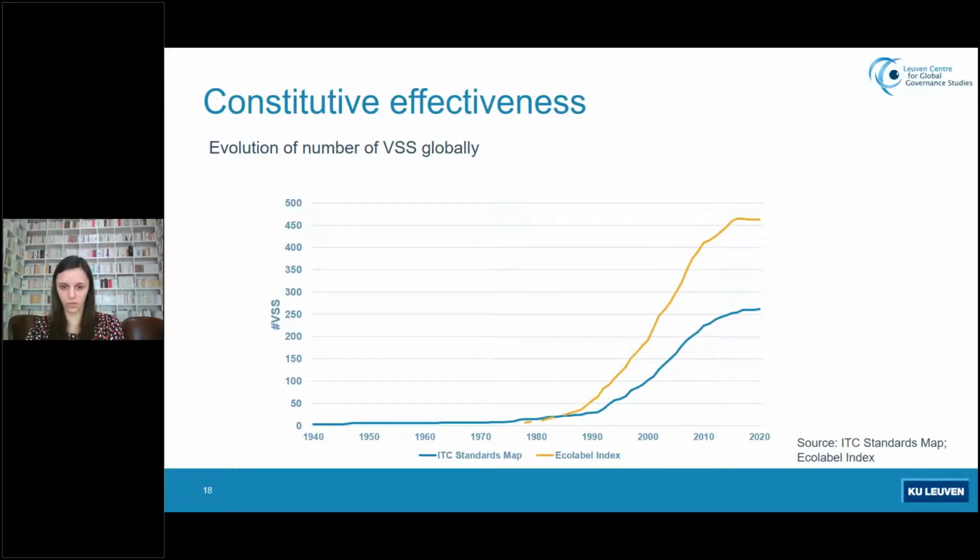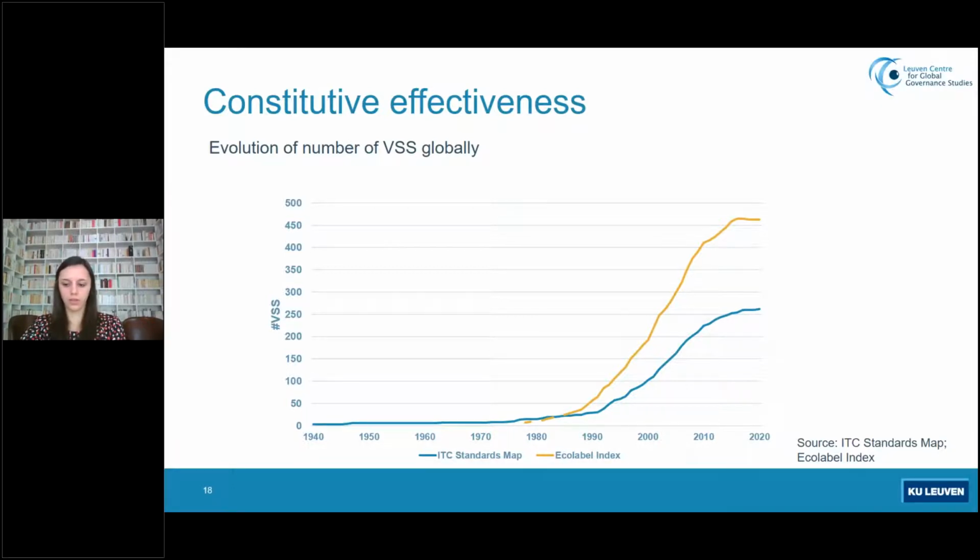So the 2 lines that you see on the graph represent the number of VSS according to 2 different databases, the ITC Standards Map and the Ecolabel Index. The reason why there is a difference in the number of VSS that they count is that they have different methodologies, but this is not so important. The important thing is that they basically show the same trend, that VSS really flourished in the 90s.